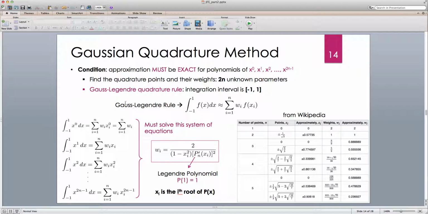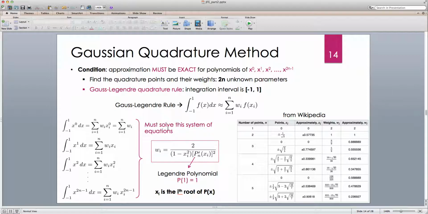And the way it happens is that the fact that we choose -1 to 1 to establish this equality is very good, because then every odd degree, x^1, x^3, x^5, etc., automatically results in 0 for a -1 to 1 integration, right? Because it's an odd function and the interval is symmetric, so it definitely results in 0. And that helps us to solve the equations in a closed-form way.